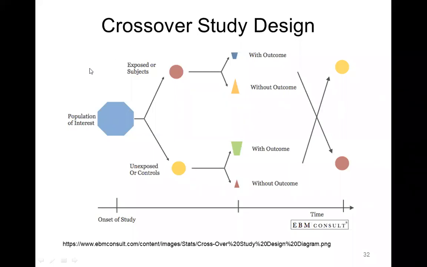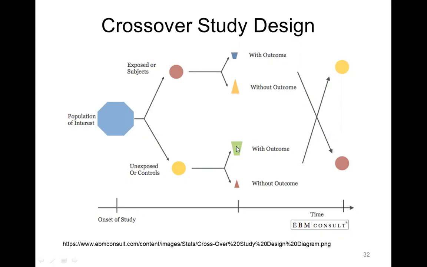And so here's our population, and we're going to divide them, and it can be randomly or however we want, into exposed subjects versus unexposed subjects. So this is your first study group. And then we further divide that group into those who have the outcome and those who do not have the outcome, okay?